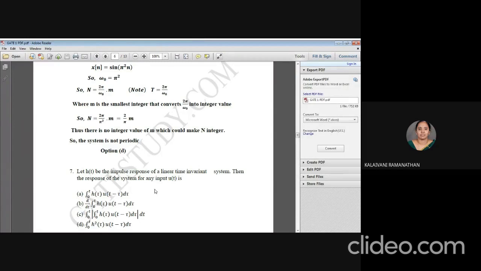When you expand that convolution, you get the integral from minus infinity to infinity of h of tau into x of t minus tau d tau. In this case, your x of t is u of t, so you replace x with u, and you will get an equation like this.